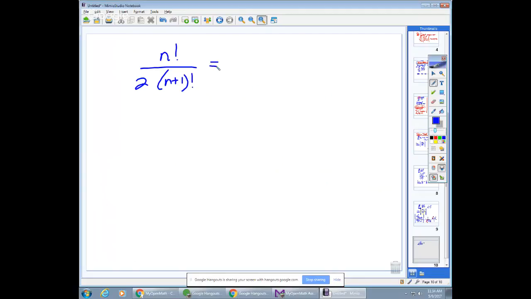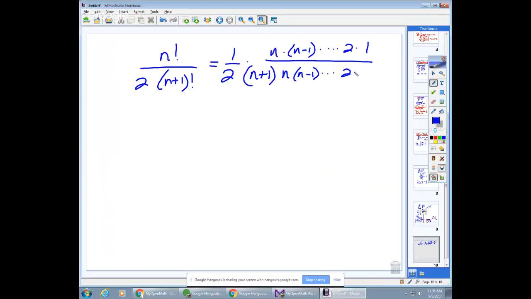I'm going to write out what n factorial means to get a grasp of this, and pull the 1/2 out. n factorial is n times the number before it, which is n minus 1, times the number before that, all the way down to 2 times 1. n plus 1 factorial is n plus 1 times what's right before n plus 1? n, right, times n minus 1, and so on, all the way down to 2 times 1.